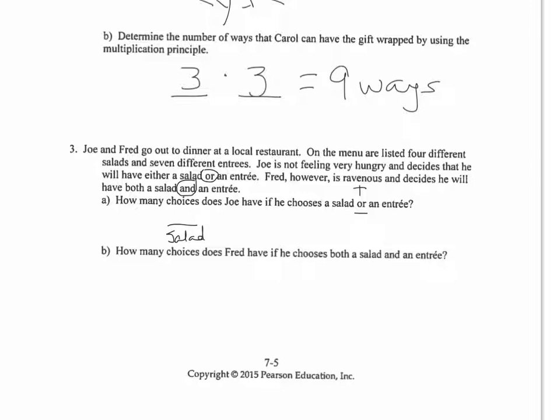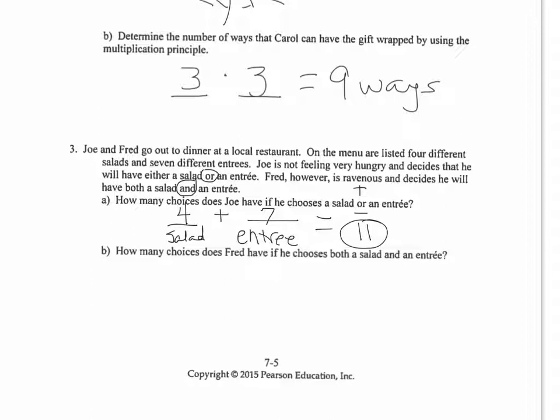If I go back and I read, there are 4 different choices for salad. How about for an entree? He has 7. But since he's only going to choose a salad or an entree, we add those together. And that means he has 11 options on what he would have for dinner.